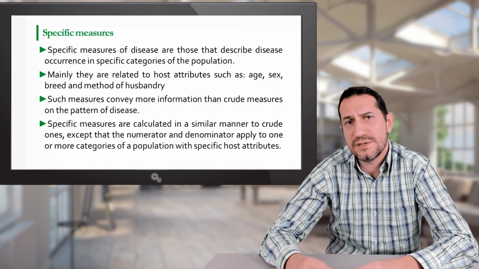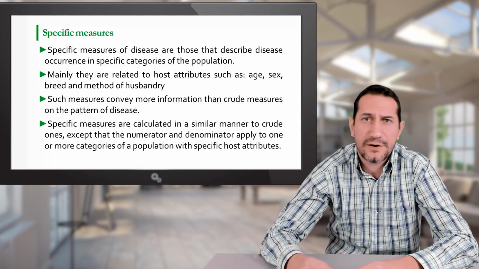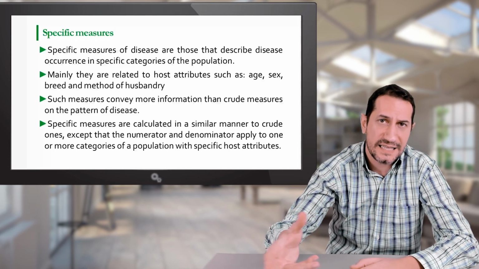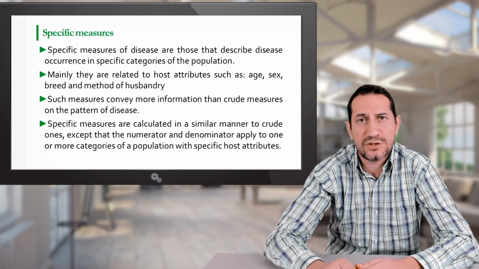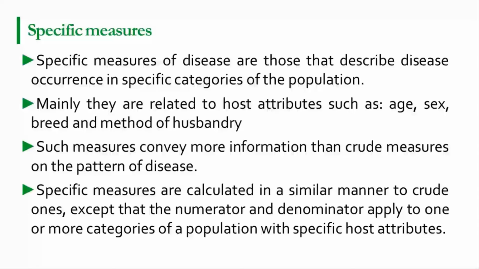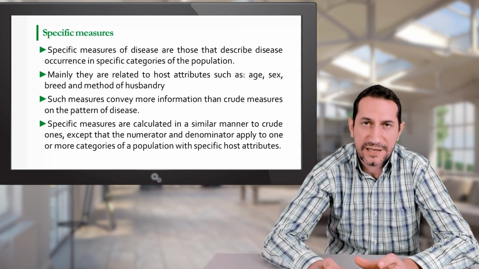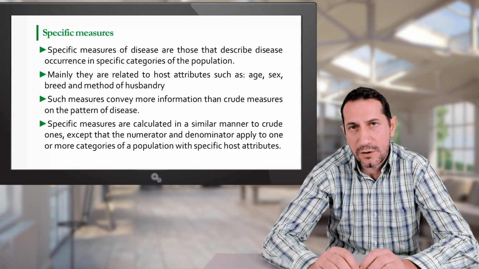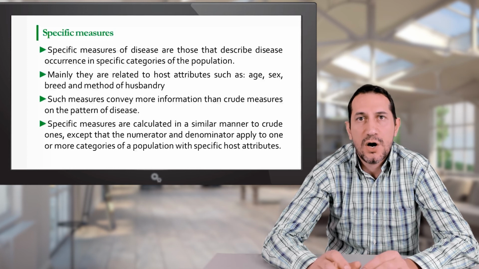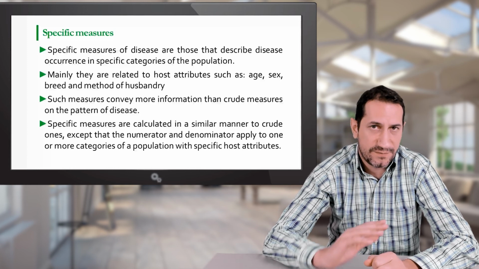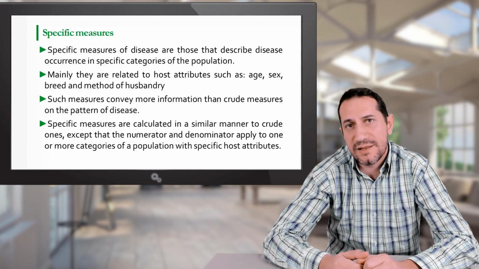So there are different stratifications by different categories, which would give us hints to follow through, which can be a factor for the disease occurring. And in terms of calculation, they can be calculated in a similar way to the crude measures, but the numerator and denominator apply only to one or more categories of the population that we have selected to divide the population.